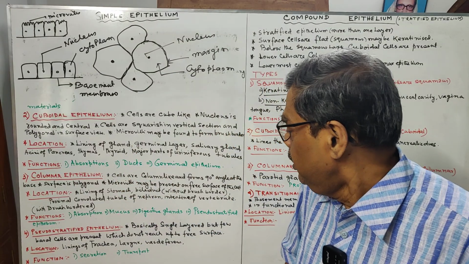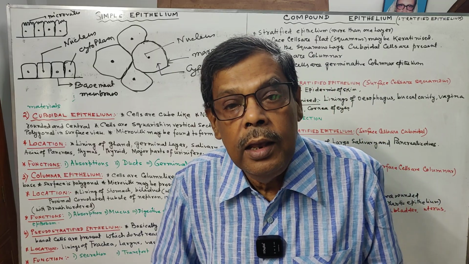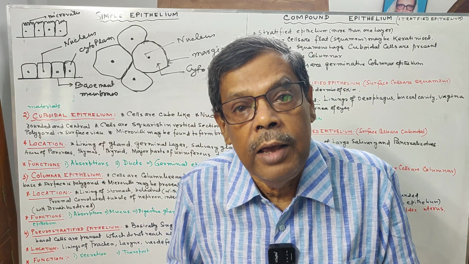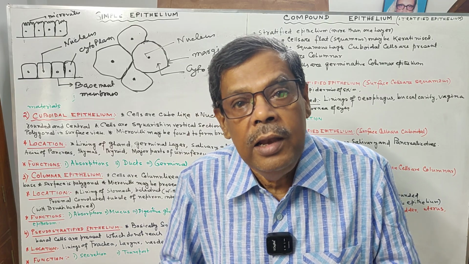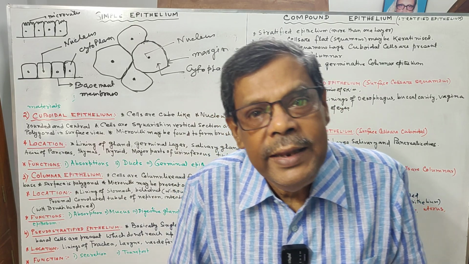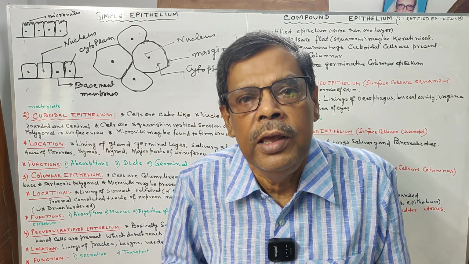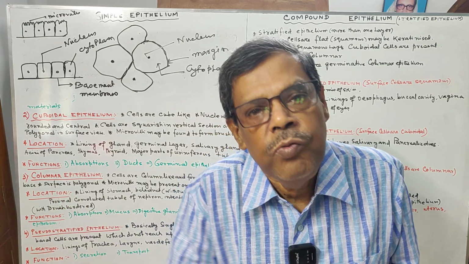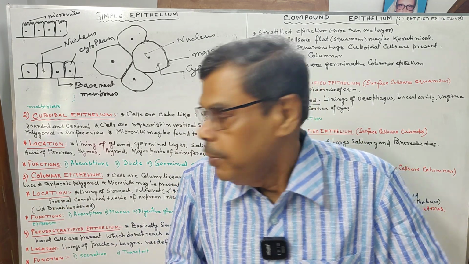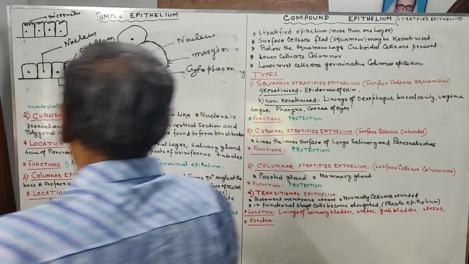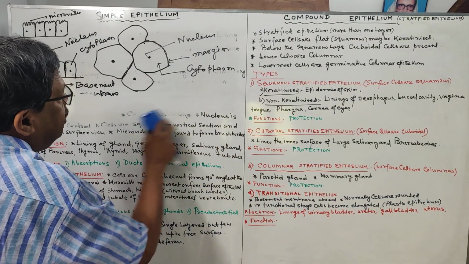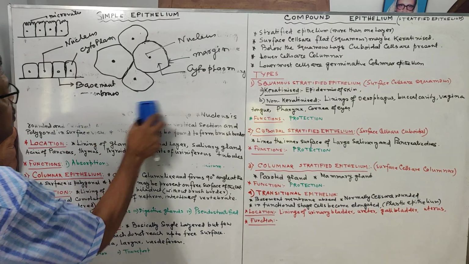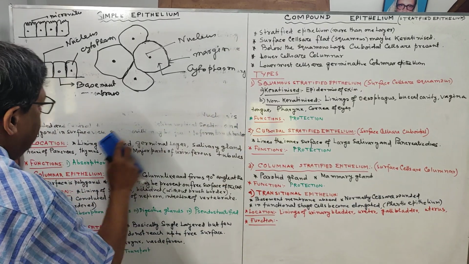Pseudostratified epithelium secretes mucus and transports various materials that are not necessary for our body out of the nasal tract and respiratory tract, outside the body. This is columnar epithelium, as in the figure.